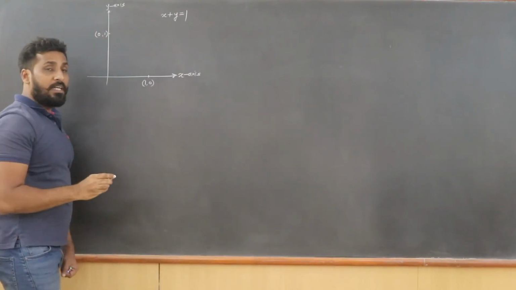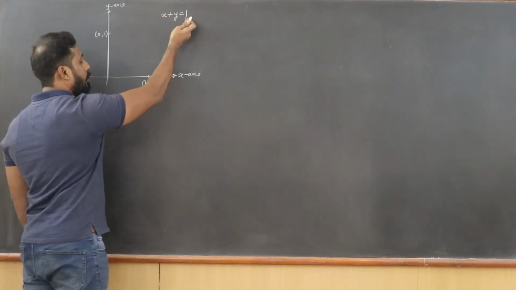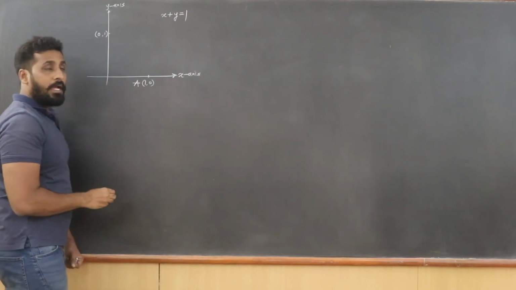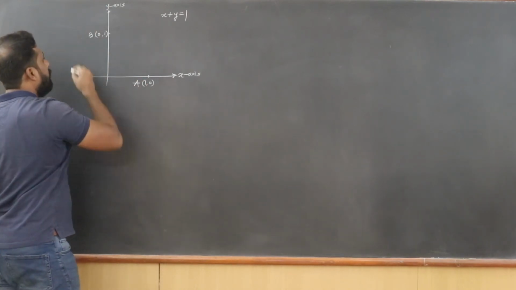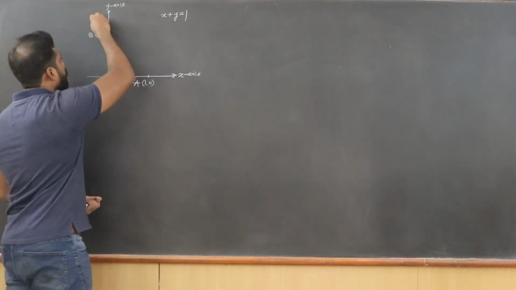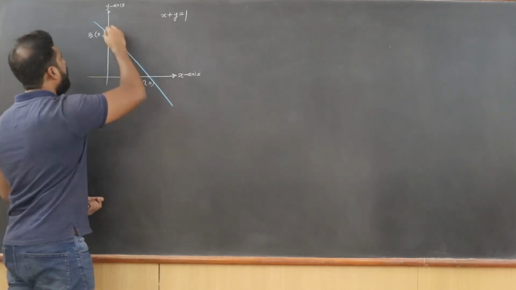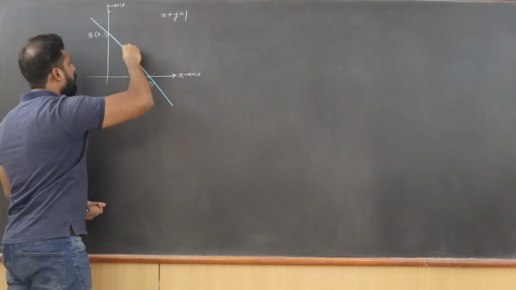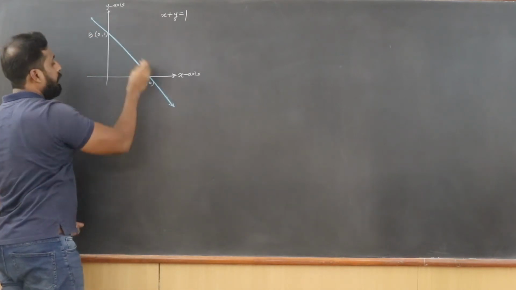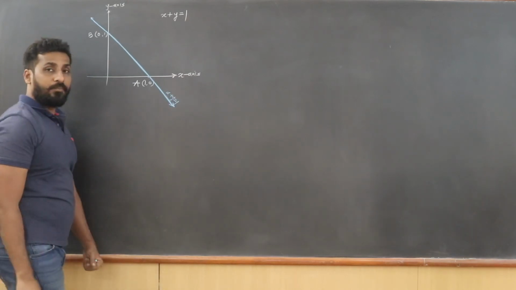That means you can definitely say that the line x plus y equal to 1 passes through the points 1 comma 0, I'm going to name it as point A, and 0 comma 1, let us name it as point B. So if I draw a line now, it will be passing through the points A and B. So that's my line AB, its equation was x plus y is equal to 1.